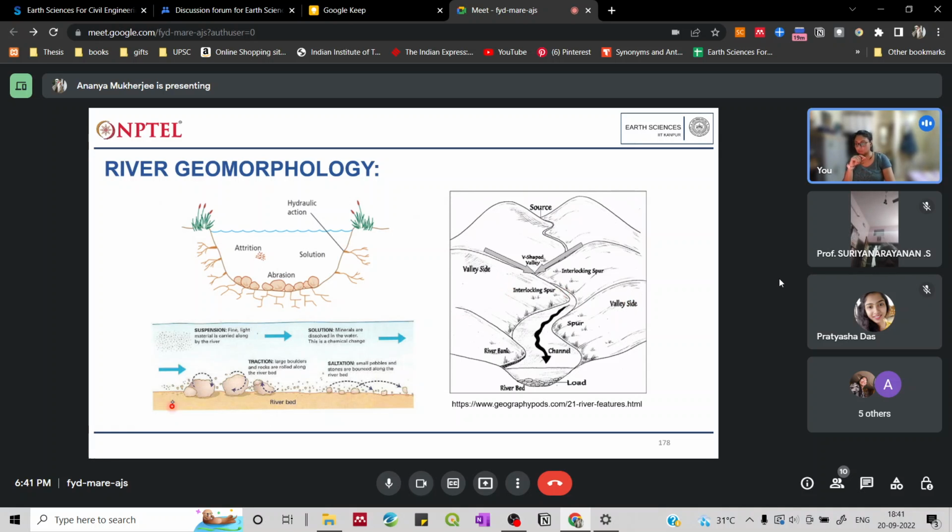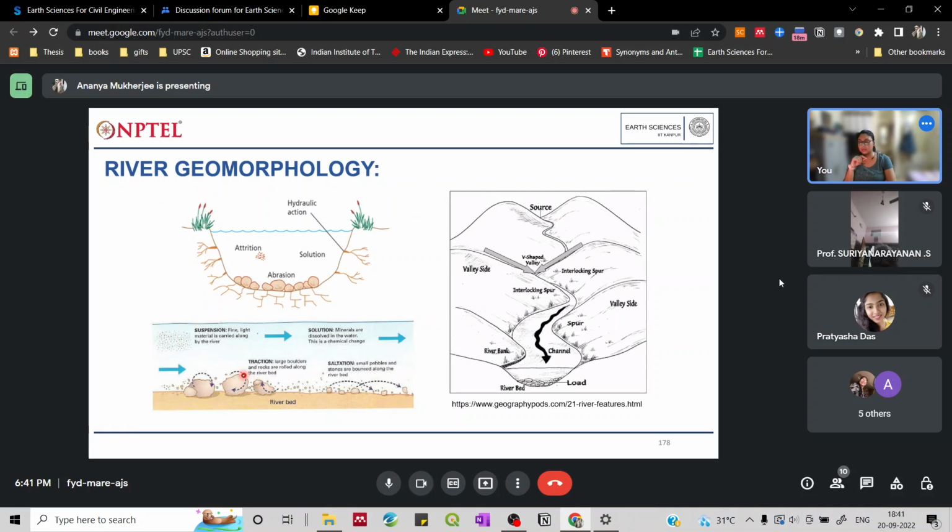These finer sediments would be suspended in the river channel until the velocity reduces enough so that the suspended sediments get deposited.